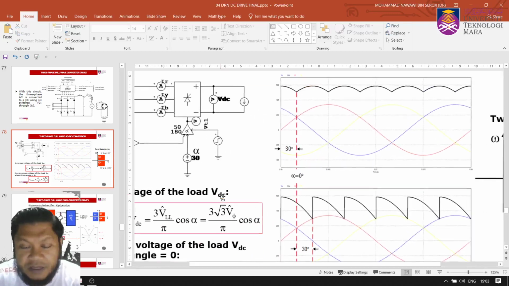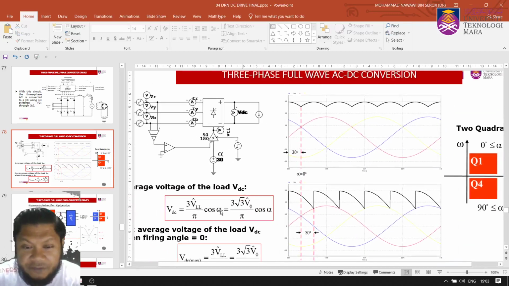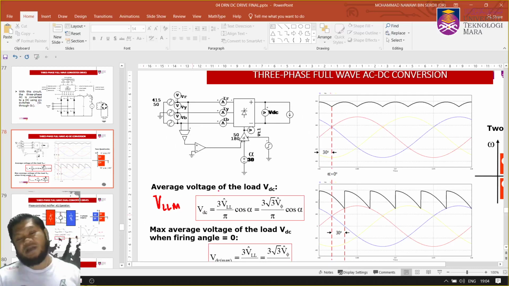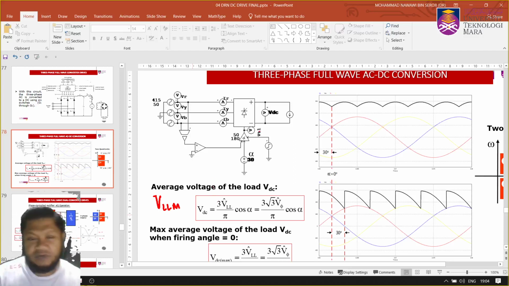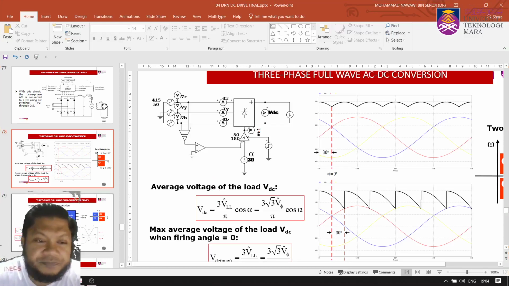It's not the RMS, but the peak value. Be careful with that. It's a peak value, sometimes written as V line to line M, the line to line peak voltage.